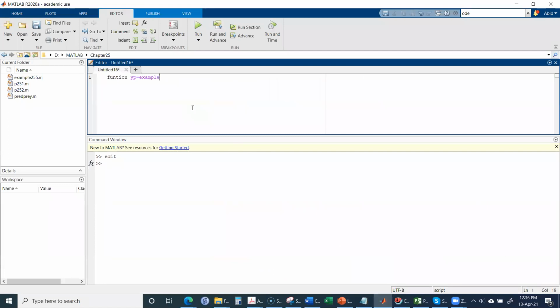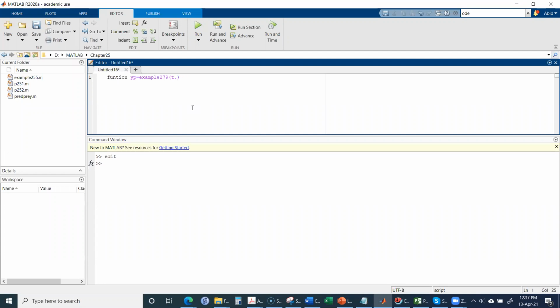Example 27.9, and here the independent variable is t, dependent variables are x and y. But in this case, we will take x and y both as y. Okay, we will not put it like x comma y over here.